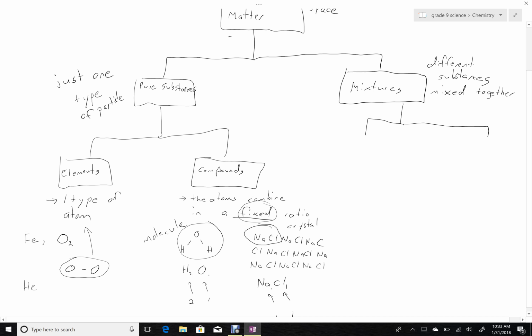And then mixtures. Mixtures, we have 2 basic categories here. One we call solutions, or another term for this is homogeneous mixtures. These are ones that are mixed so well that you can't see that there are two different substances.